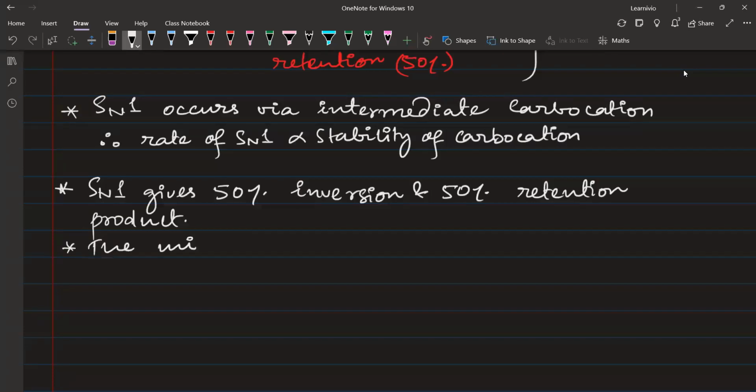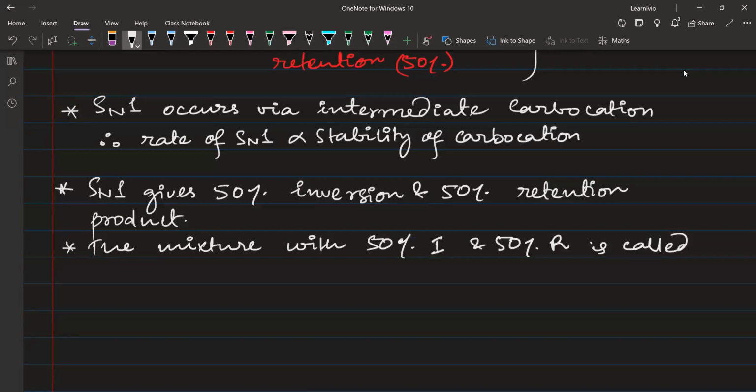The mixture with 50% I, आप लेकिन inversion लिखिएगा पूरा, ठीक है ना? And 50% R is called racemic mixture.